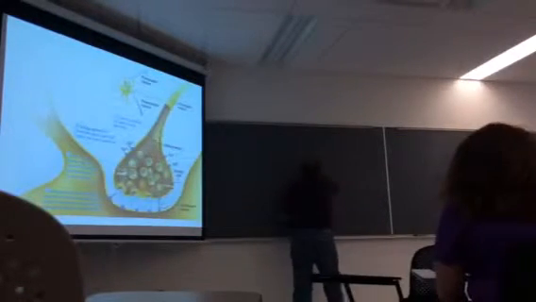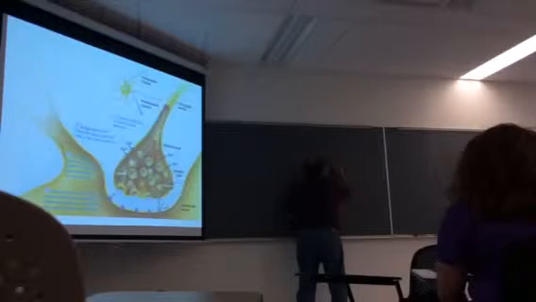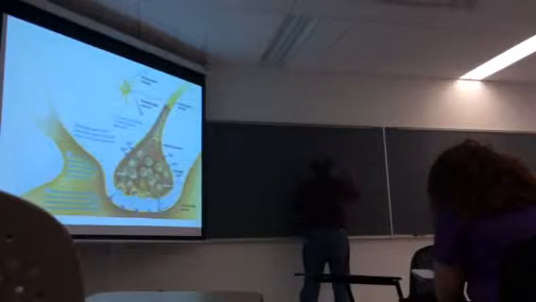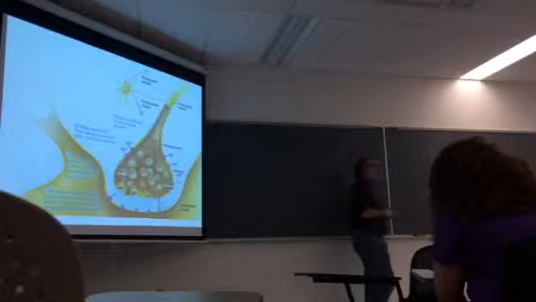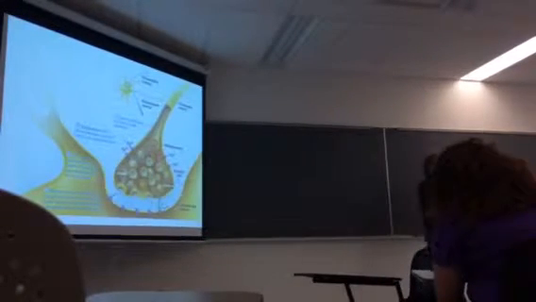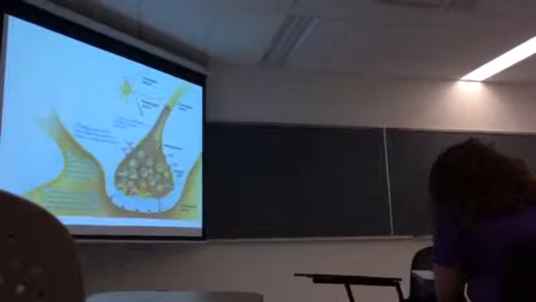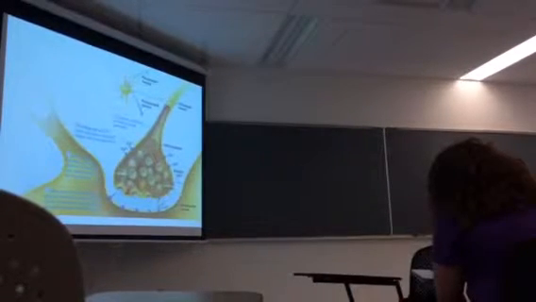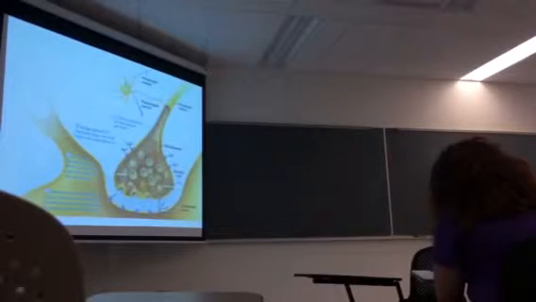These are ligand gated. So the neurotransmitter chemically acts as a ligand. If you know chemistry, that makes sense to you. If you don't know chemistry, just go with it. Okay? It's the key that opens those channels.